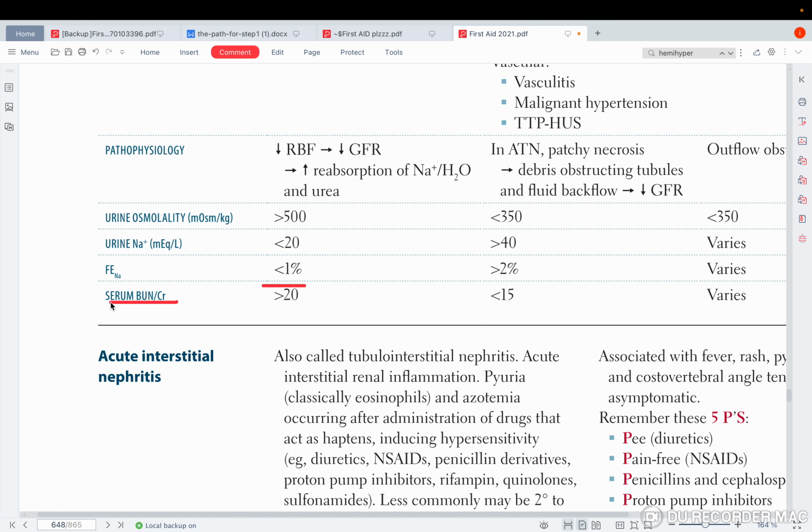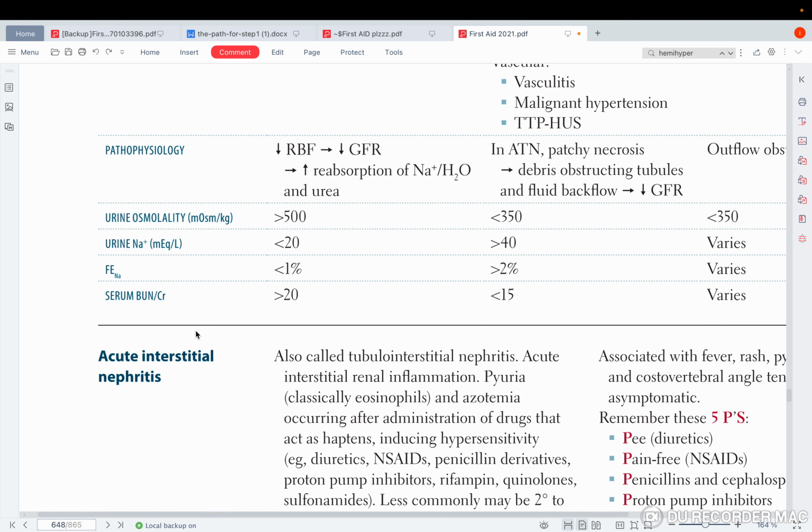Let's keep going. Serum BUN to creatinine ratio. BUN, blood urea nitrogen, which is the amount of nitrogen inside of your blood compared to the clearance inside of your kidney, the clearance of creatinine. So I have this question. If the pathology was pre-renal, it means that the main pathology is not from your kidney.